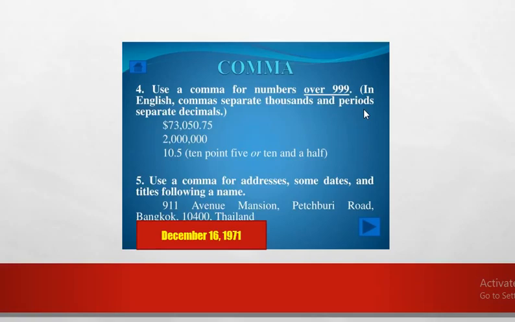Periods mean full stop, dot. $73,000, 50.75 in writing, 2,000,000,000, 10.5 or 10 and a half.